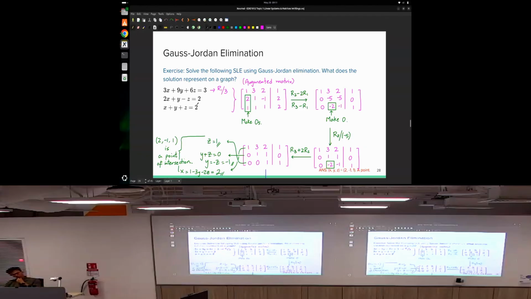Okay, so that point, as we have solved using this elimination method, is x equals 2, y equals -1, and z equals 1. Okay, so that's the thing about unique solution. And today we are going to see the other two types of solutions that can occur.